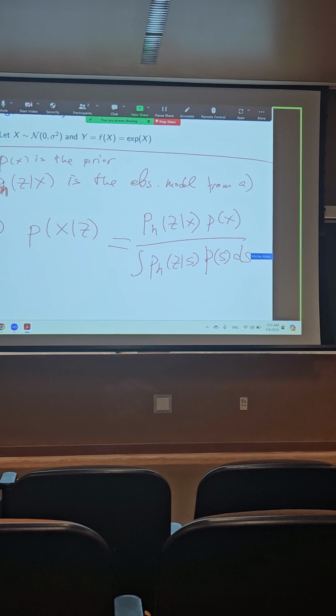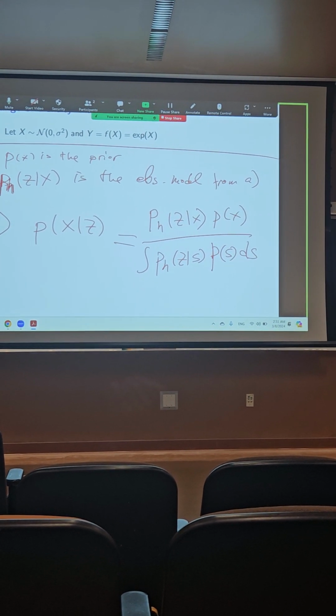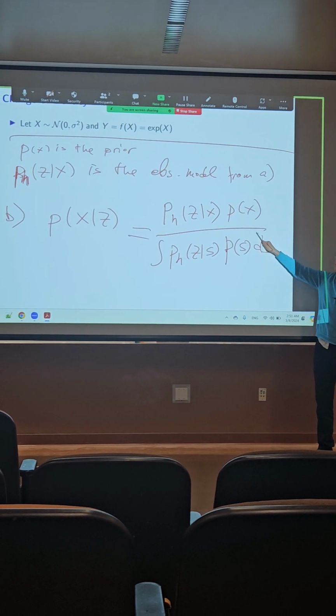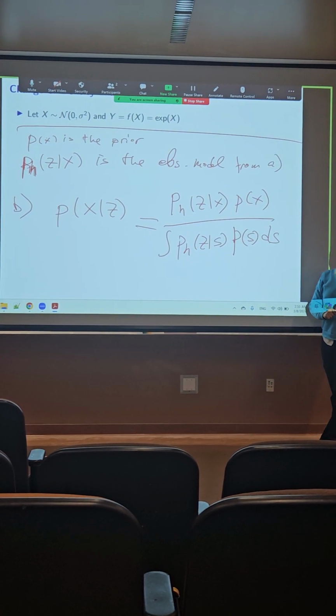Probably not hard, but you need to make sure you find p_H first, which is part A. Does that make sense? So you just need to do this computation: multiply the two and normalize.